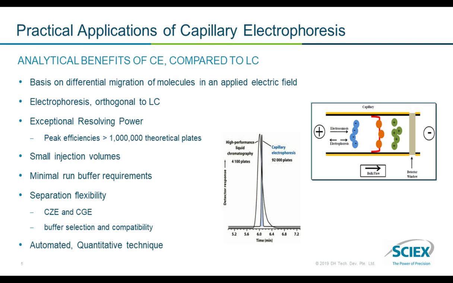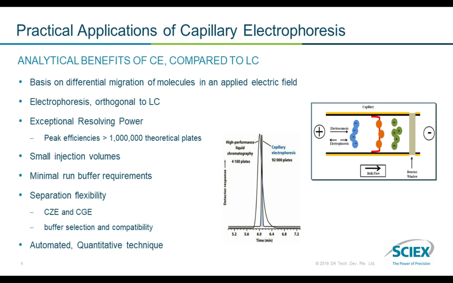The other advantage of CE is small injection volumes and minimal run buffer requirements. And with CE, you get separation flexibility. You can do capillary zone electrophoresis, capillary gel electrophoresis, and you can have a selection of different kinds of buffers for separation capabilities.